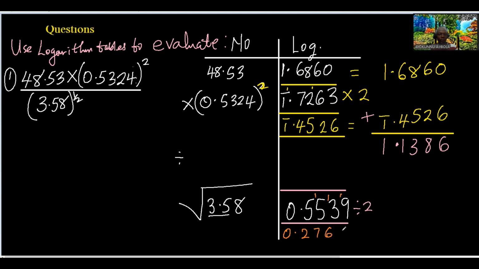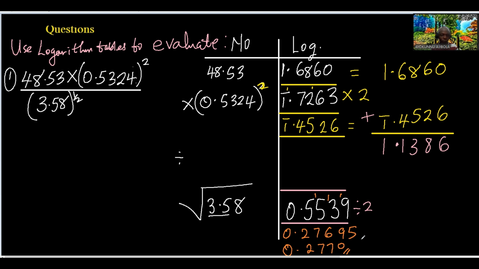And 2 in 19 is 9, remainder 1, so 2 in 10 is 5. Remainder nothing. If this is going to round up anything, it will affect this place. That will now be 0.2770 to 4 decimal places.